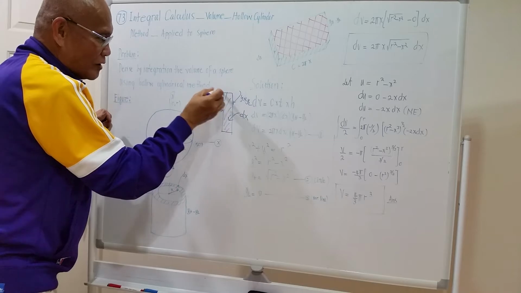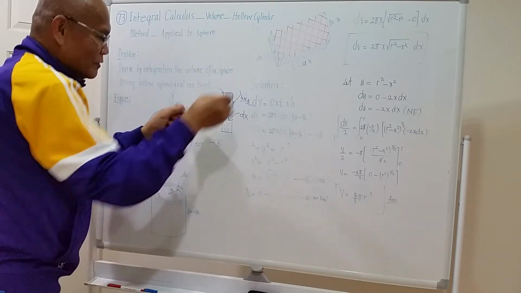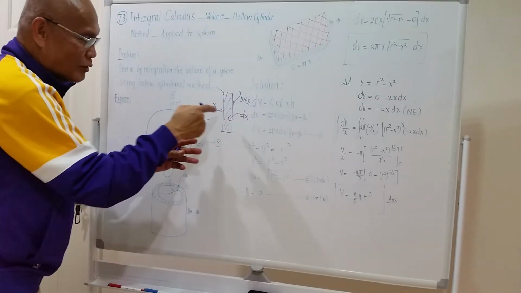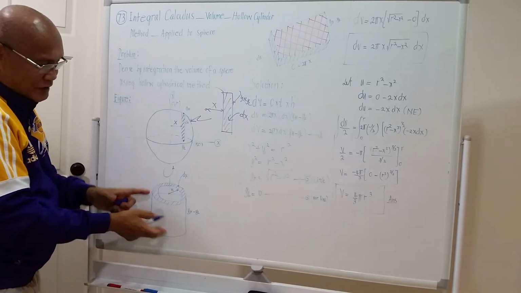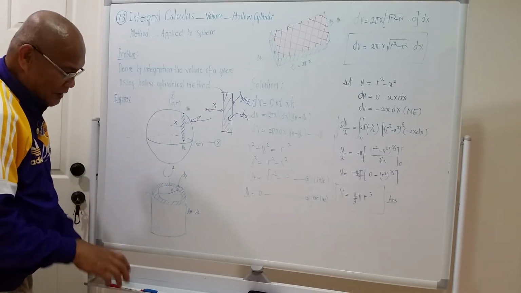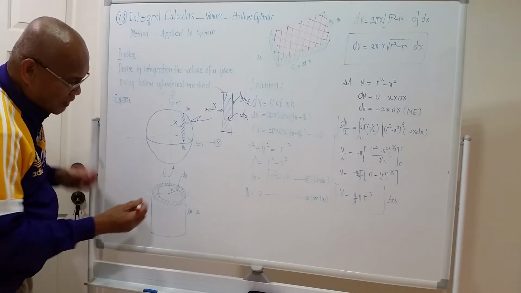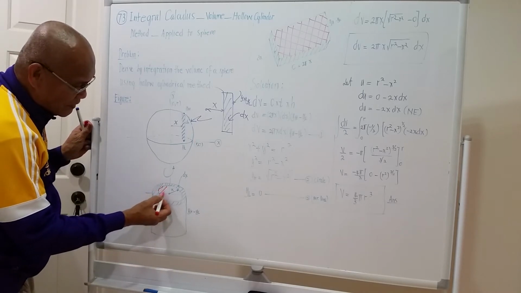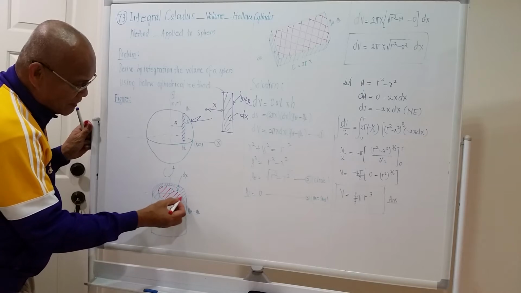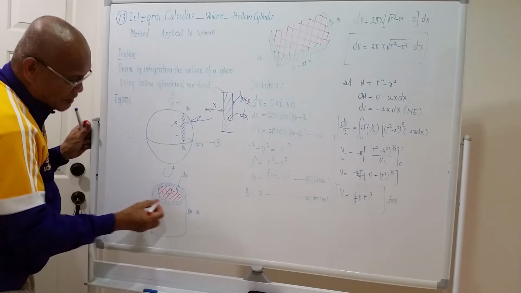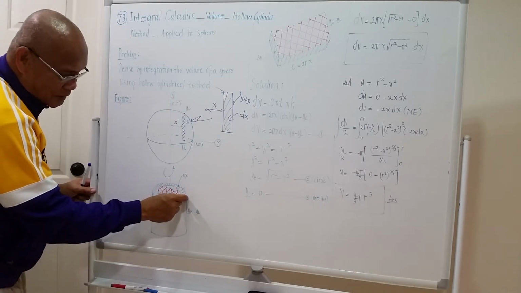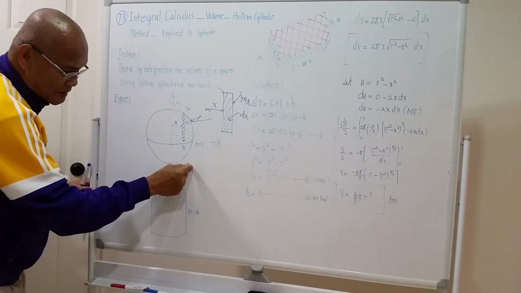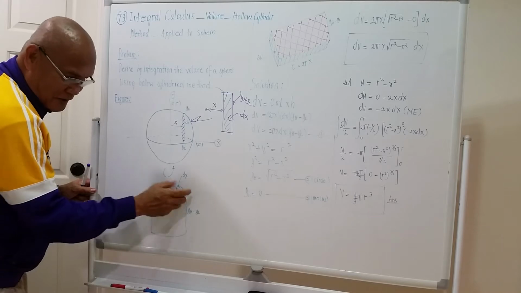Then we rotate this one complete revolution. What will come out is something like this. It's a hollow cylinder. The one at the middle is hollow. This was the thickness of the differential area as it rotates. The middle part is hollow.